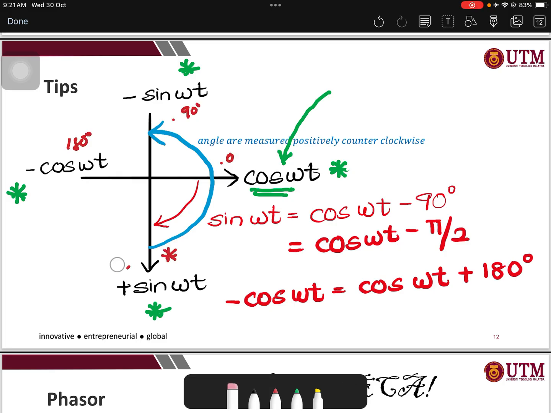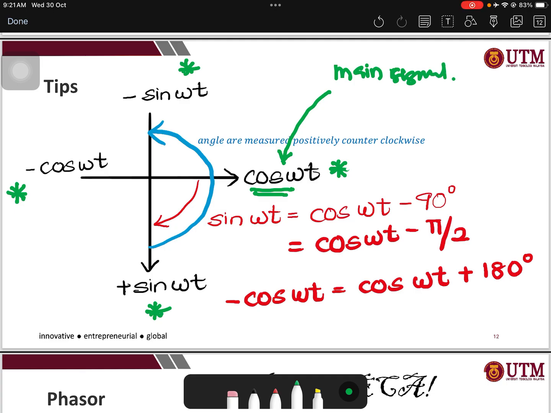So how can we remember this sketch? Let's say this is your main signal representation. Now, given to you, for example, sine omega t.